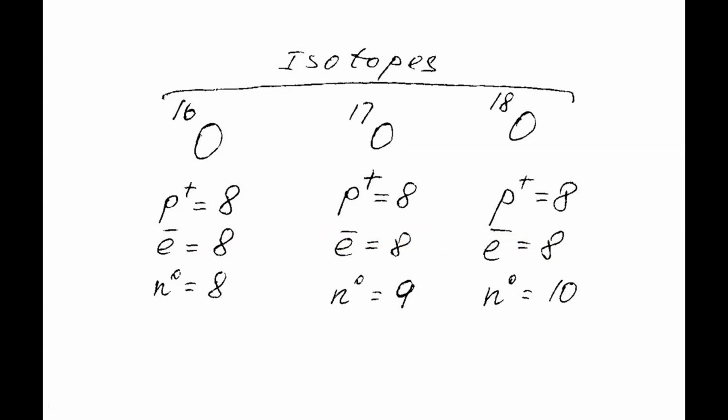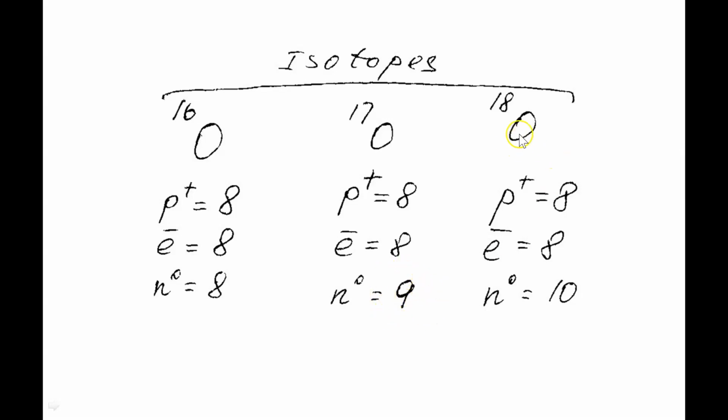Now, what about the number of neutrons? This is the difference. The number of neutrons is the difference for the isotopes. This mass is 16, and the mass is a combination of protons and neutrons. So I have 8 protons, so 16 minus 8 is 8 neutrons. How about over here? The mass is 17. 17 minus 8 protons gives us 9 neutrons.